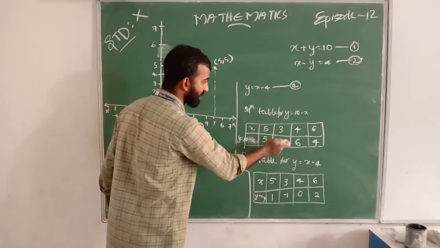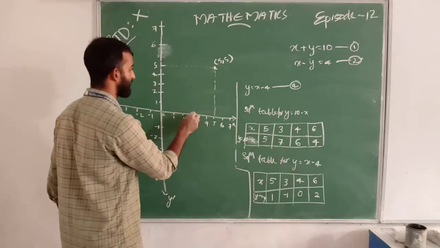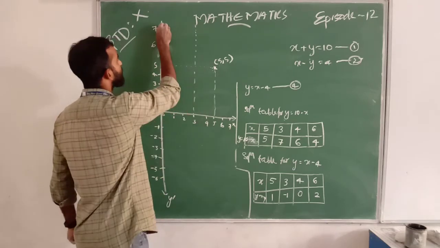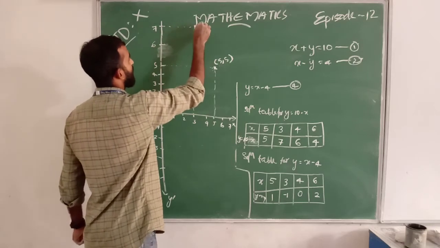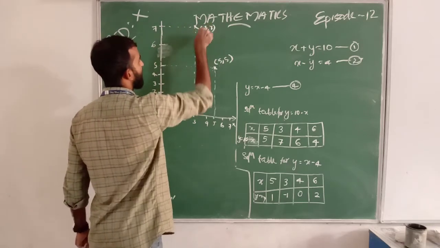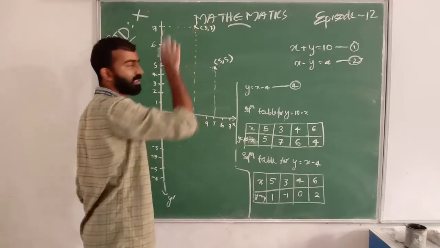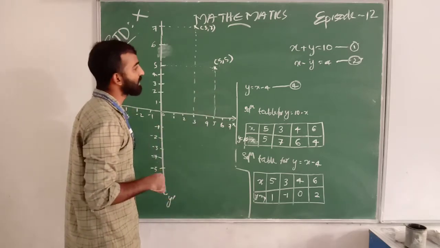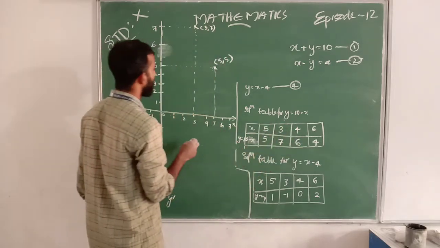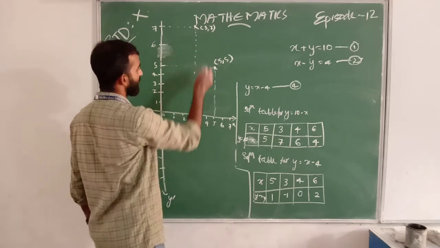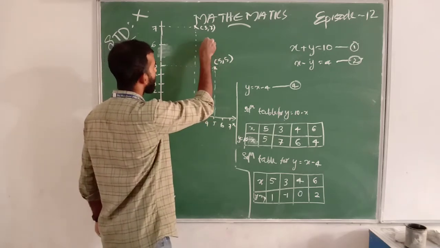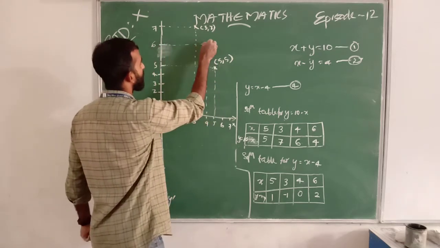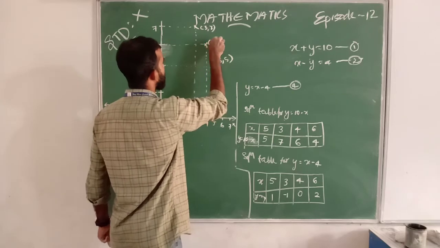Next, x coordinate is 3 and y coordinate is 7. That is the point 3, 7. And next one is 4, 6.